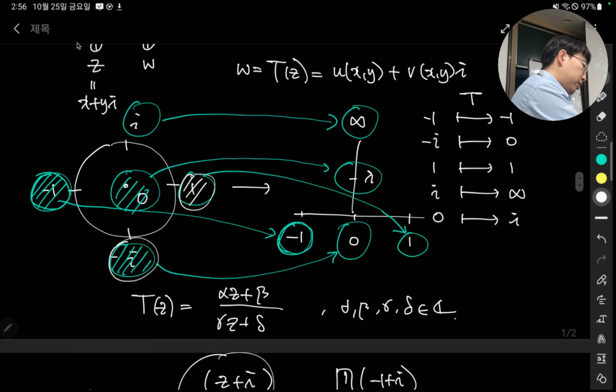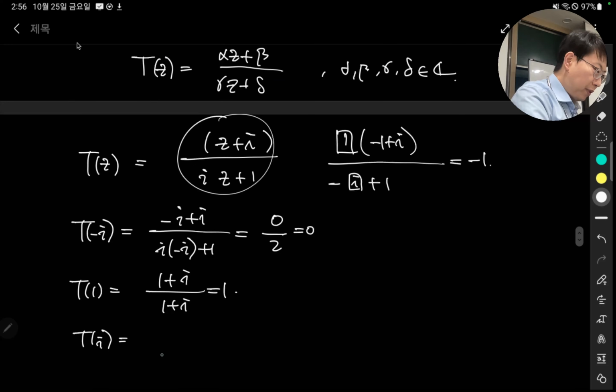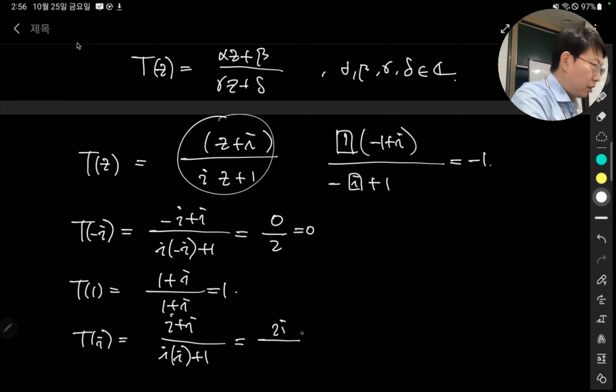The last part is tricky, because I don't want to introduce this kind of computation, since it doesn't really help you understand the number. When I plug in i here, t of i equals i times i plus 1, i plus i. So it's a 2i in the numerator, but in the denominator it's i squared plus 1, which is minus 1 plus 1.